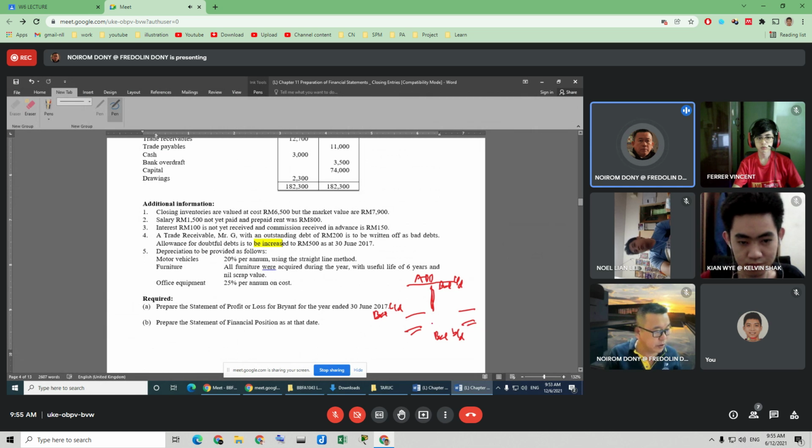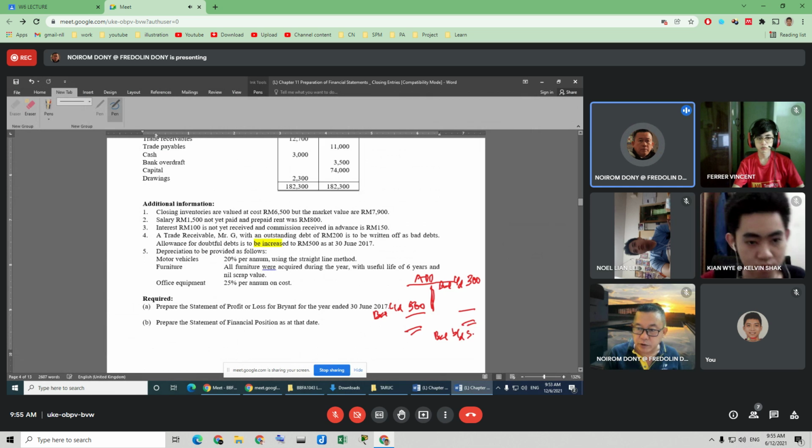So if you look at the question, you have opening balance 300, isn't it? So 300. And then closing balance, after you have considered this one, to be increased to 500. So meaning your CD, you don't have to calculate, it has already been calculated for you.